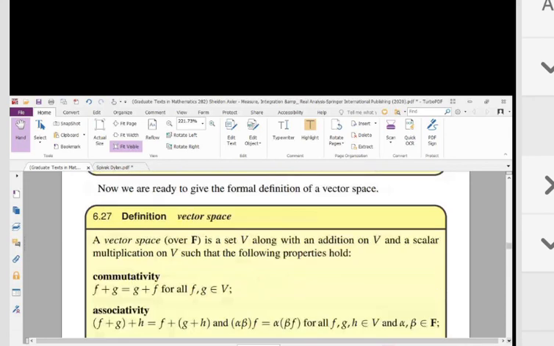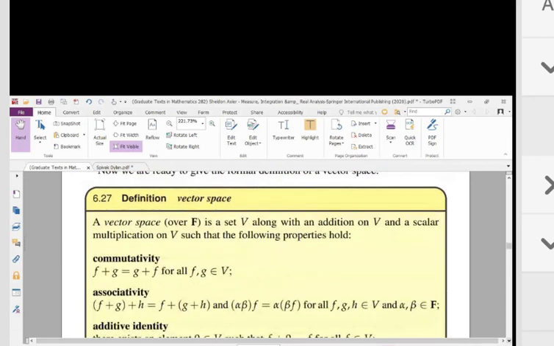Now we can express the definition of vector space. A vector space over F is a set V along with an addition on V and a scalar multiplication on V such that the following properties hold.